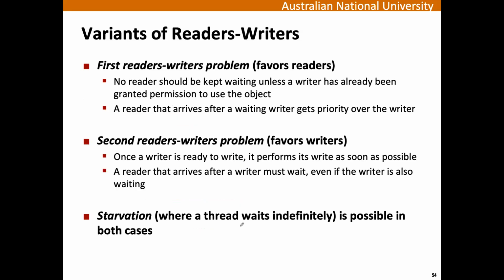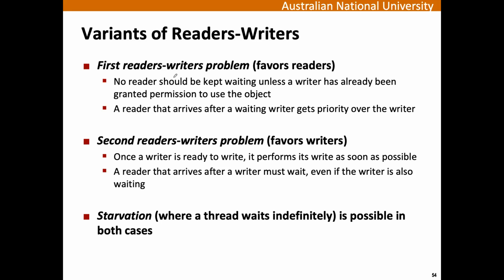So there are two variants of this readers-writers problem. Now you can imagine if we have a number of readers and a number of writers, we can create priorities. We can say that the writers can wait. We are not interested in admitting new information inside the object, but we want the readers to go ahead.